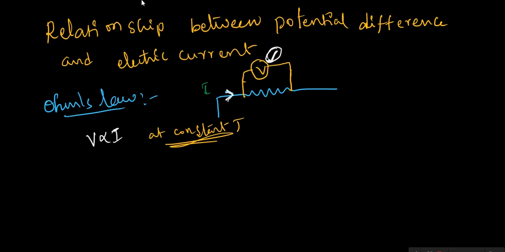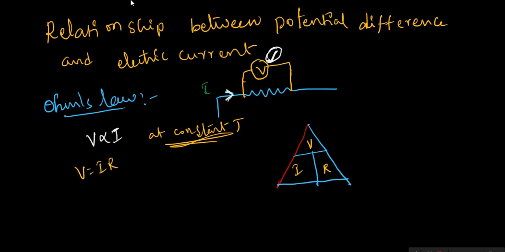So V equal to IR. I will give a shortcut way to remember. Remember this triangle. You can consider V on top, and I and R below. So from here V equal to IR.